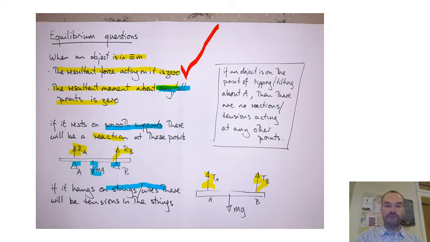And remember, if something's uniform, the weight acts through its center. And then crucially on a lot of questions, if an object is on the point of tipping or tilting about a point, then we can remove the reactions and tensions at any other points.